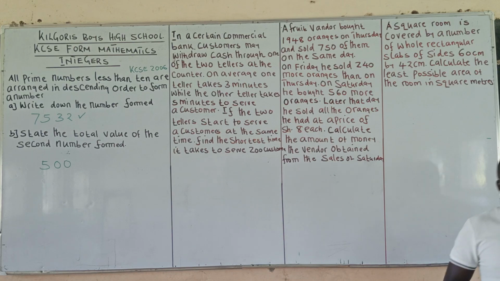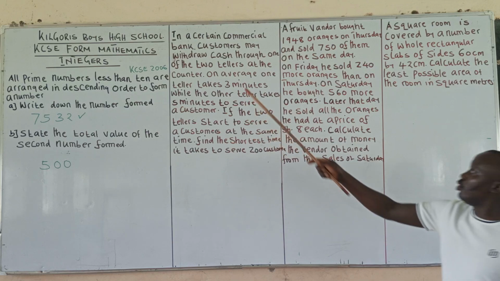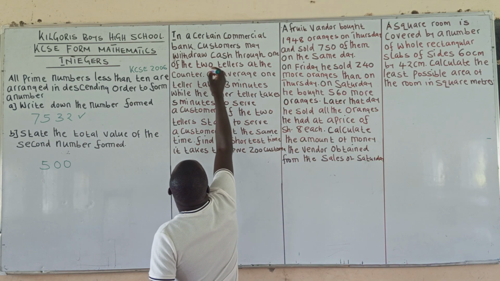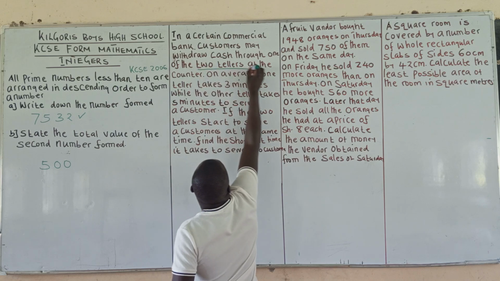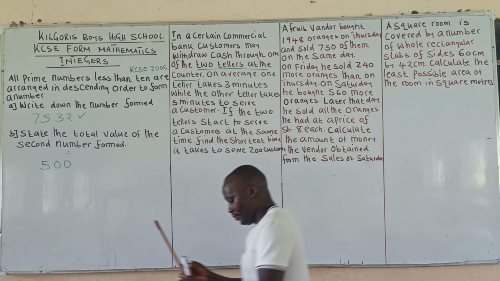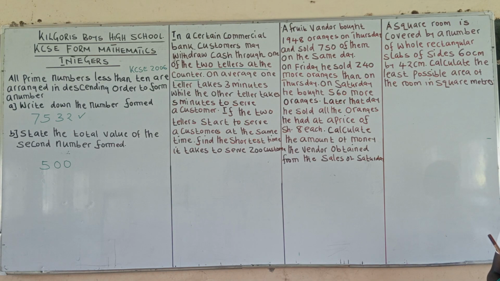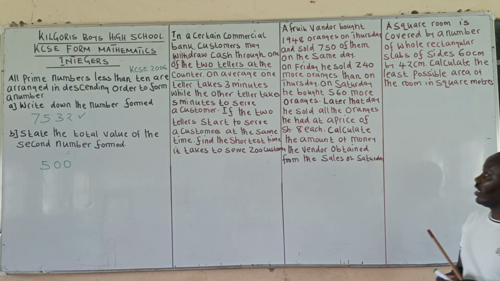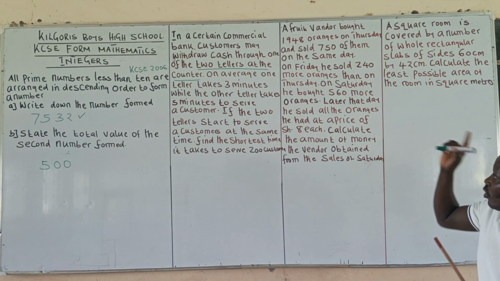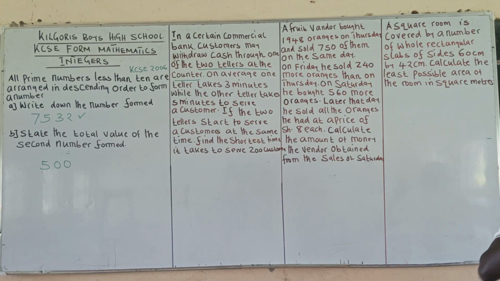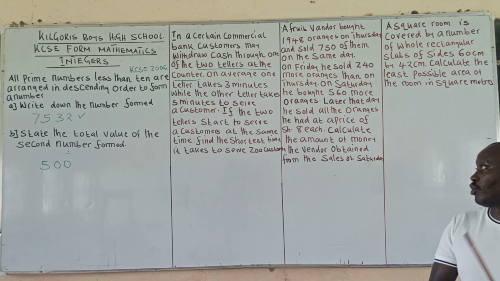In a certain commercial bank, a customer may withdraw cash through two tellers at the counter. On average, one teller takes 3 minutes to serve a customer, while the other takes 5 minutes to serve a customer.